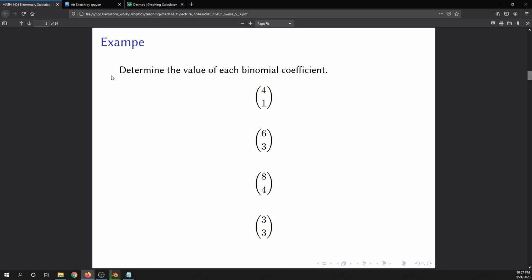Okay, so let's go ahead and calculate these values out. So we want to do 4 choose 1, 6 choose 3, 8 choose 4, and 3 choose 3.